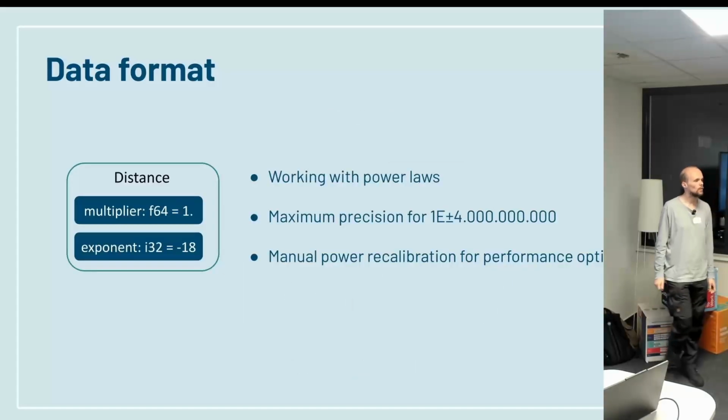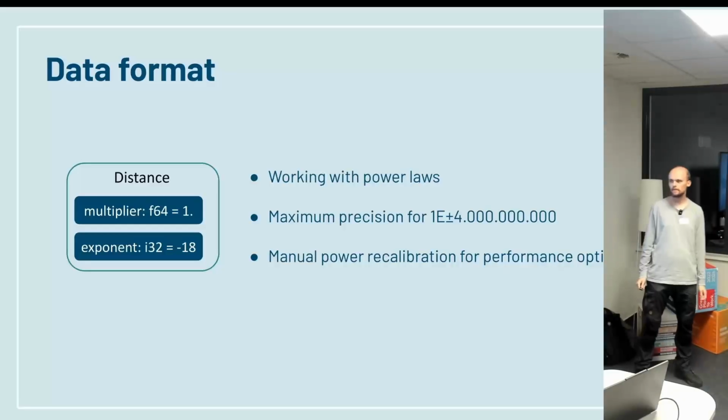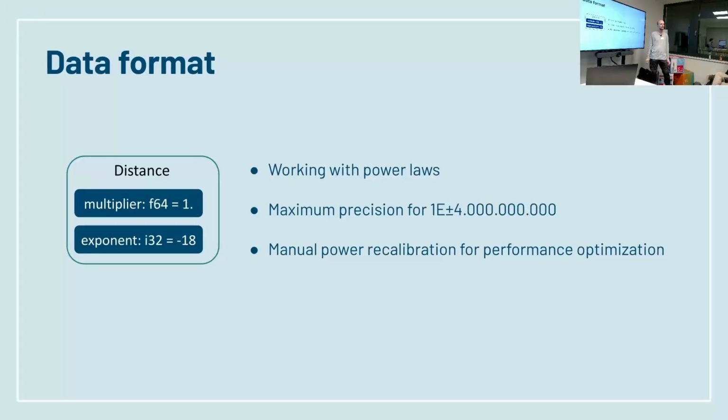Instead, we decided to craft a data type which is basically standard engineering notation: A times 10 to the power of x. And that gives us enormous precision, because now we can just use power laws to calculate with that.